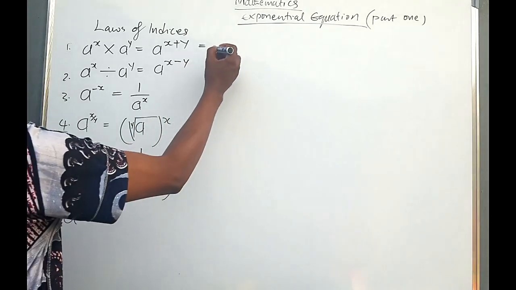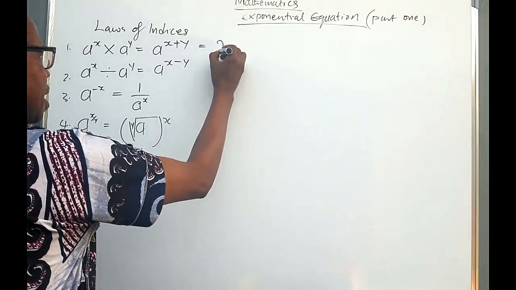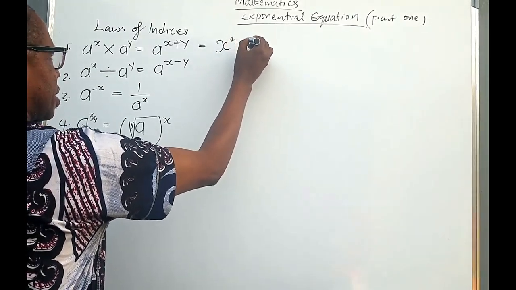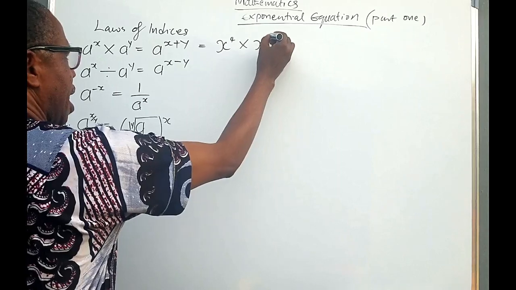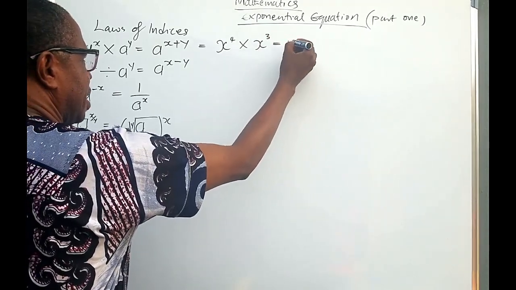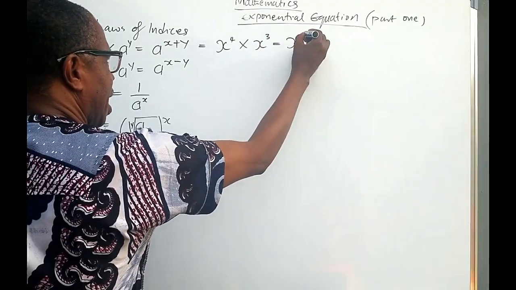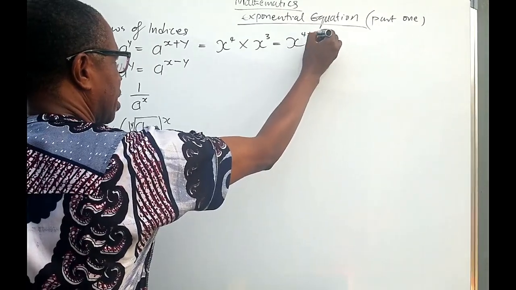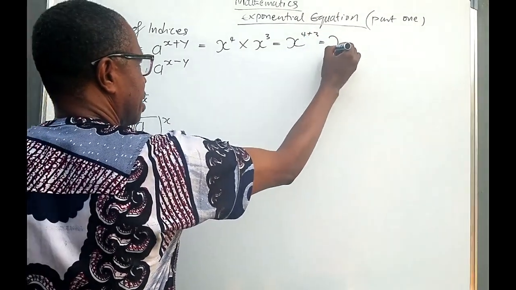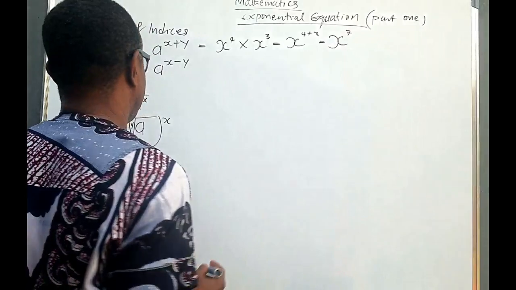So if I have something like x raised to the power 4 times x raised to the power 3, it is the same thing as x raised to the power 4 plus 3, which is x raised to the power 7.